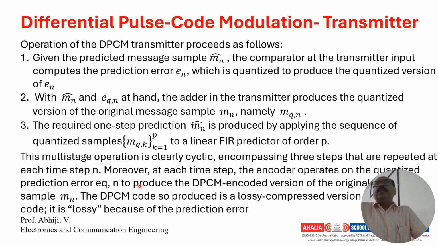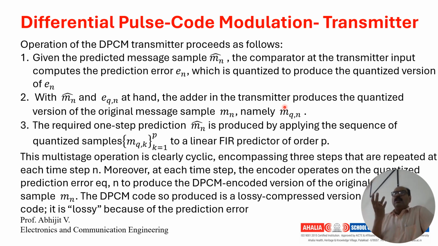Now let us study how a DPCM transmitter works. We need to understand the functioning of DPCM, both transmitter and the receiver. In a DPCM transmitter, you have three important steps. In the first step, the predicted message is compared with the prediction error e[n], which is quantized.